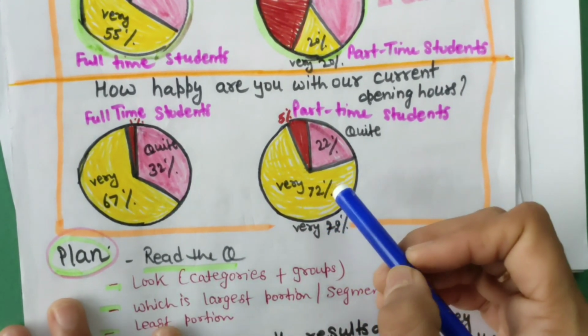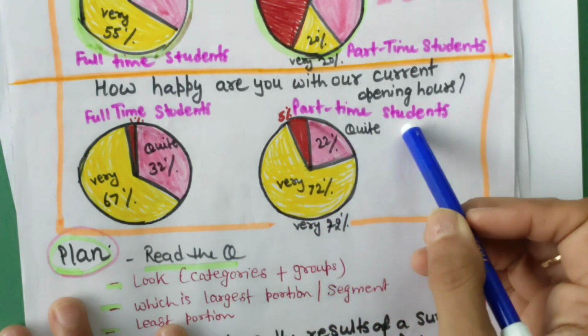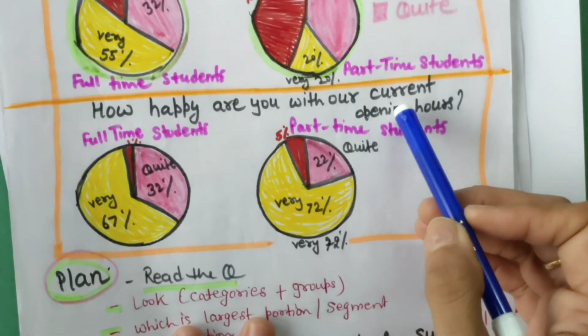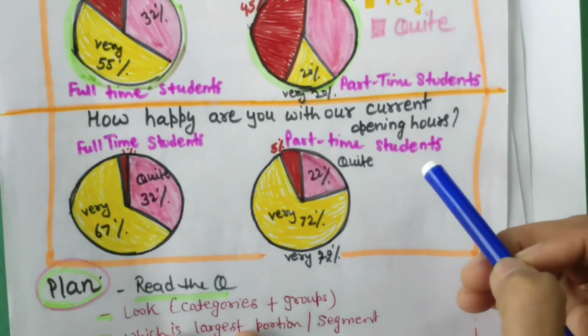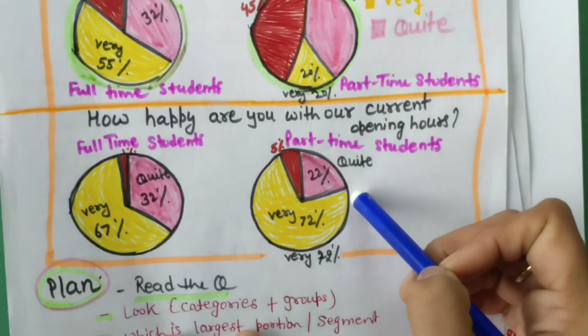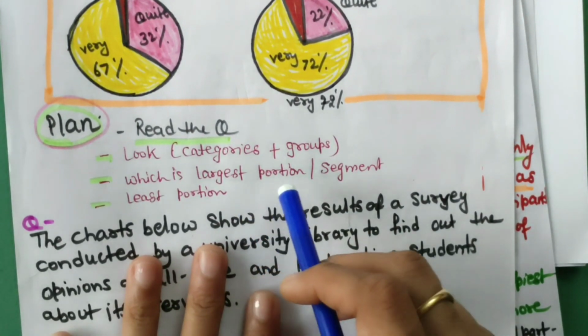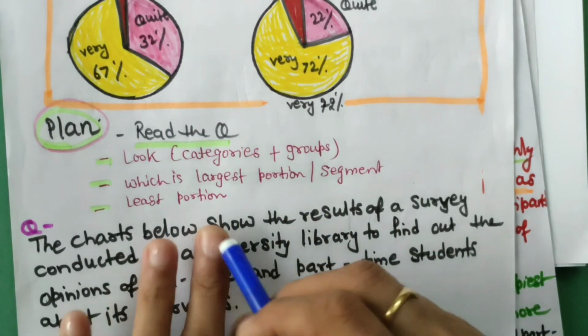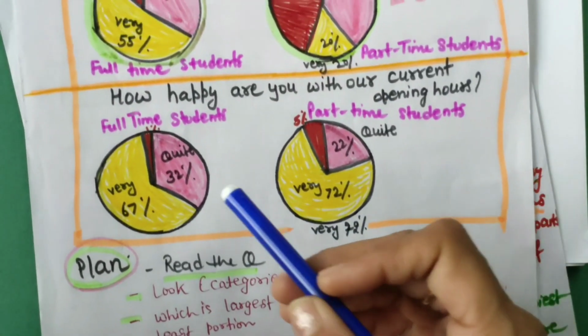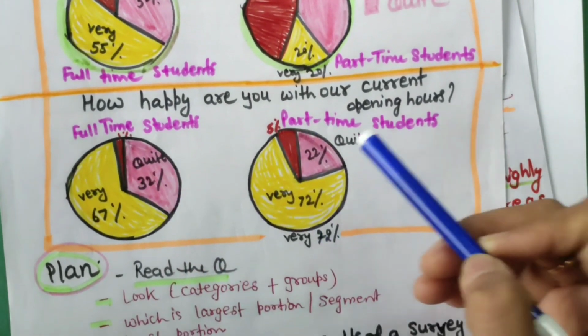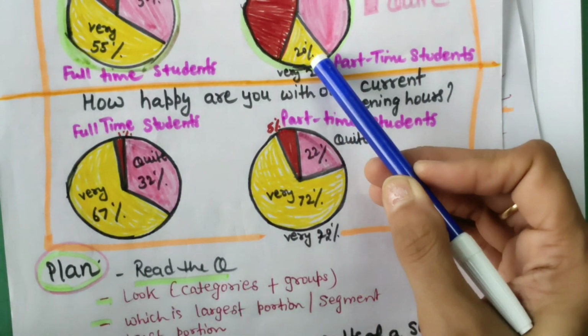So here we can see part-time students are very satisfied with the current opening time of the university. That's a surprising, striking thing we can say about it. Now the largest segment we came to know, and the least portion also. Least, here you can see this one and this one also, and here it is 20%.